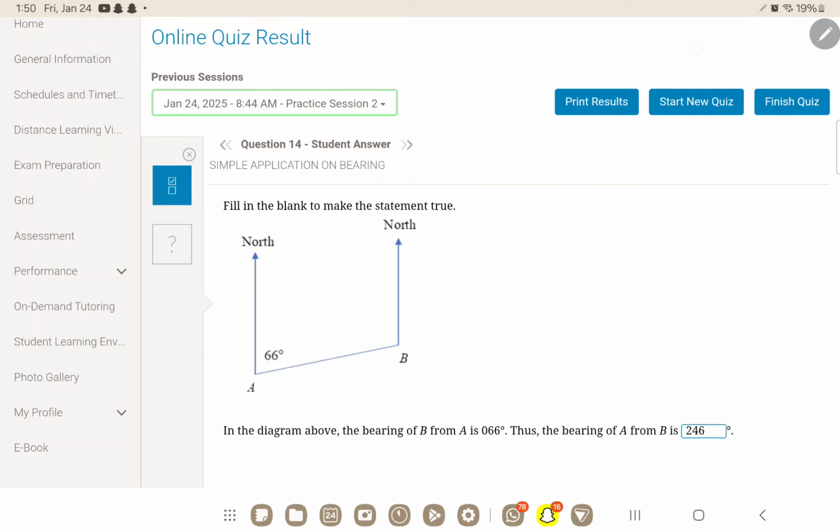Okay, so this question here is asking us another question about bearings. The bearing of B from A is 66 degrees, but they now want the bearing of A from B. So what can we see here? We have here a parallelogram. What do we know about parallelograms?